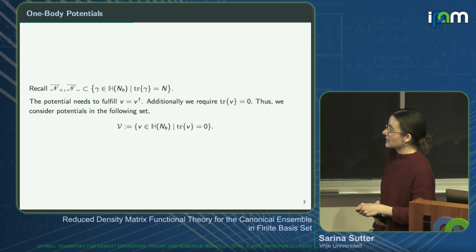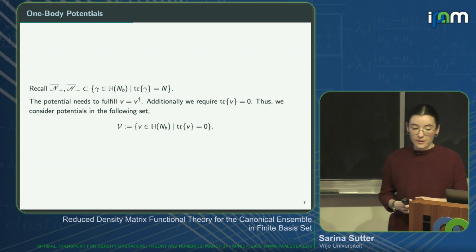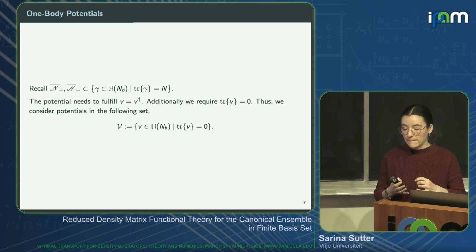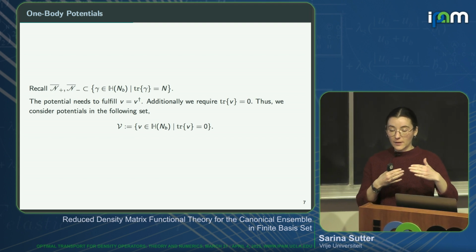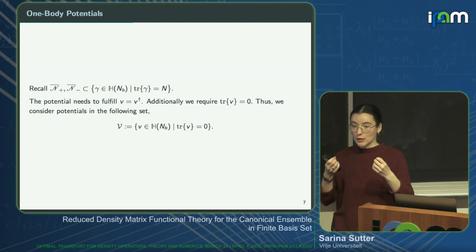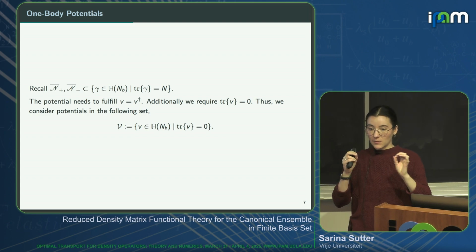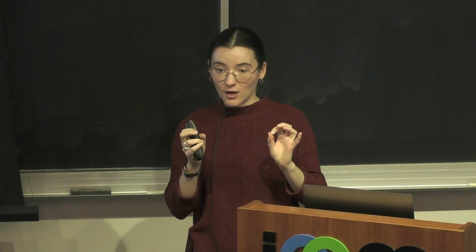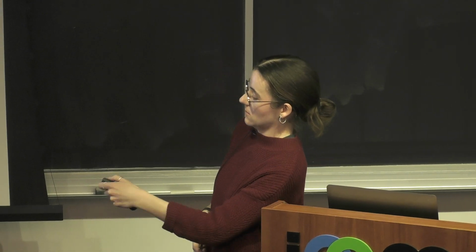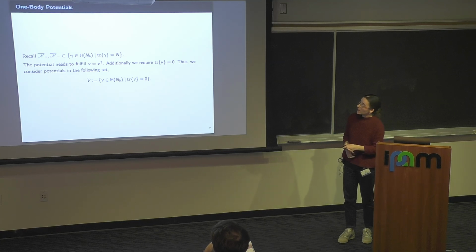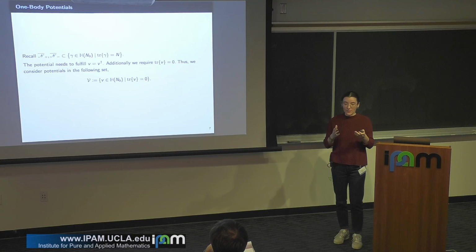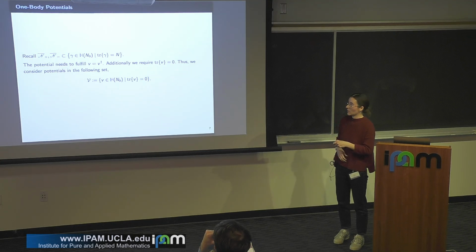But of course, we have this additional requirement here. This implies in the dual that we have a degree of freedom by choosing a constant. Basically, 2 potentials are the same if they differ only by a constant. That would be the dual space of this set here.